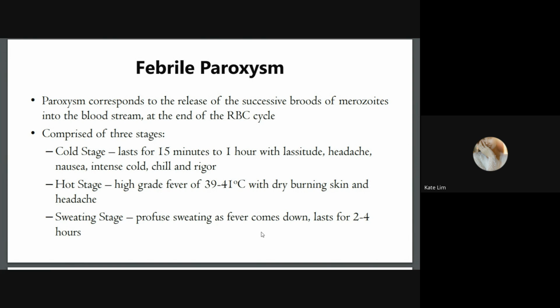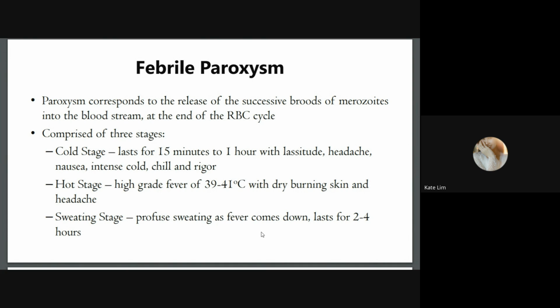This is actually a state of extreme weakness and fatigue. So if you're already feeling weak and fatigued because of studying, you are in marked prostration. This is also very common in Plasmodium falciparum infection.